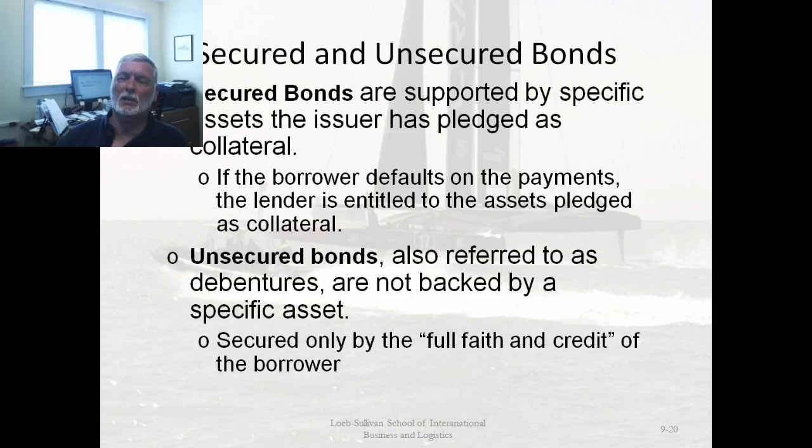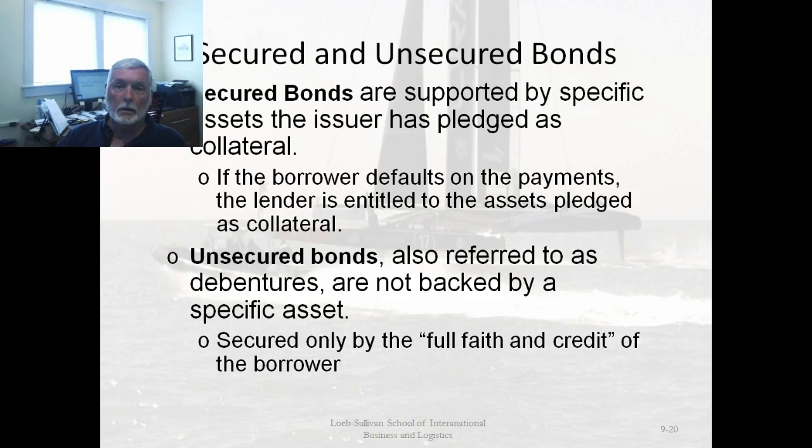They're secured by an asset of the corporation, and the lender has the right to take the asset that it's secured by in the event that the company does not pay them. Unsecured bonds, just the opposite. Their only recourse is the full faith and credit of the borrower. So I promise to pay you.